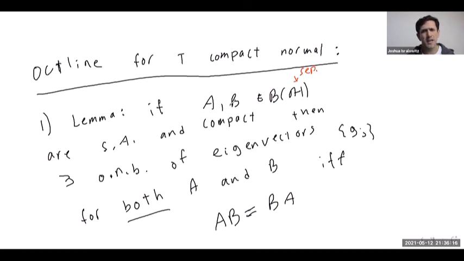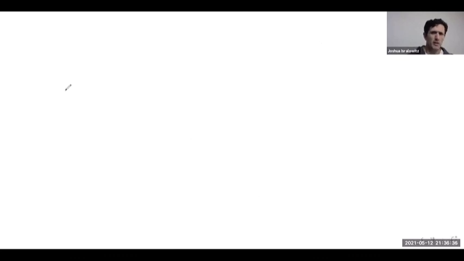So again, the whole point is that in general, we know that there exists two sets of orthonormal bases of eigenvectors for A and B from what we just proved. But if A and B commute, then we can set those bases of eigenvectors to be the same. All right, and two, and this is a nice little trick you do a lot in operator theory. It's extremely elementary. So here, assume T normal.